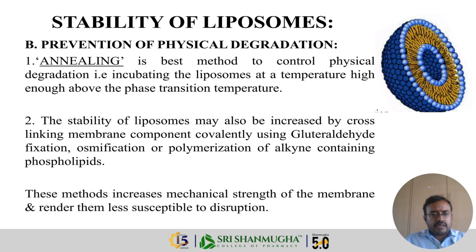The stability of liposomes may also be increased by cross-linking membrane components covalently using glutaraldehyde, which acts as a cross-linking agent by fixation. Then osmification or polymerization of alkyne-containing phospholipids. These methods increase the mechanical strength of the membrane and render it less susceptible to disruption. So we can prevent the stability problems from chemical and physical degradation.